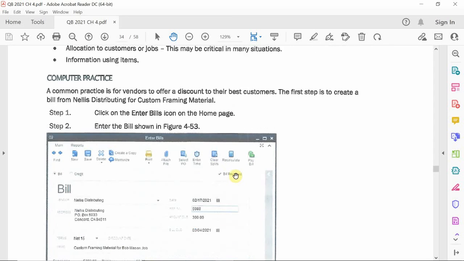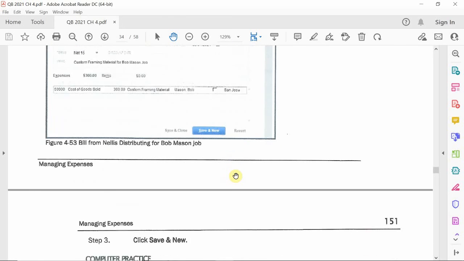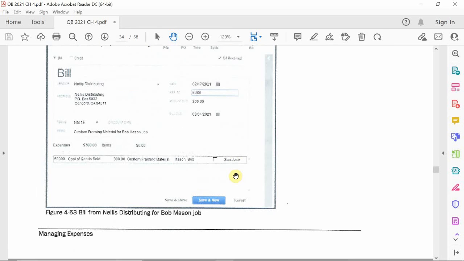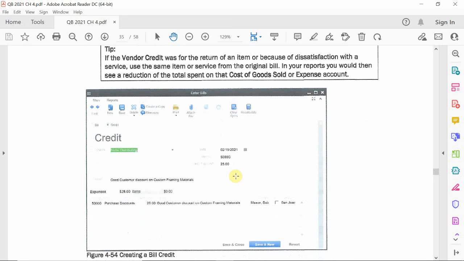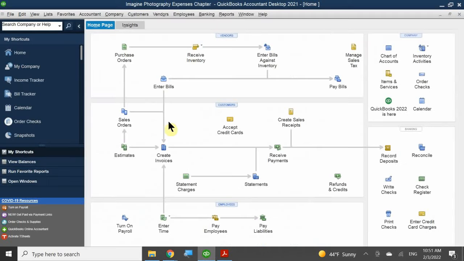Now, let's do this example here where we are going to put in Nellis Distributing, okay? I'm going to enter the bill first for the $300, and then I'm going to give a bill credit for $25. So let's do that first.